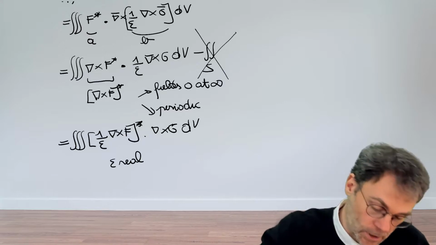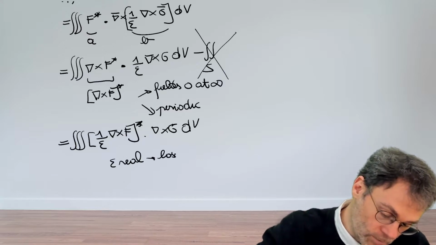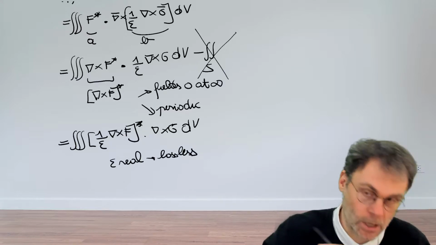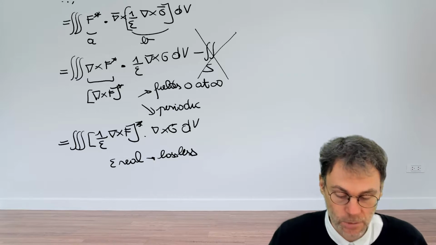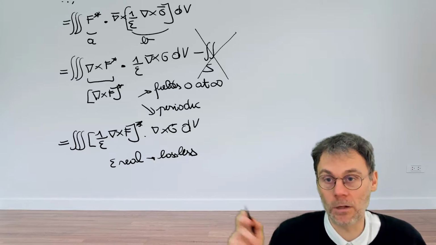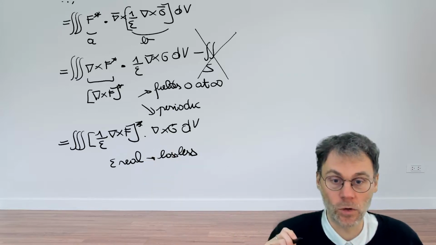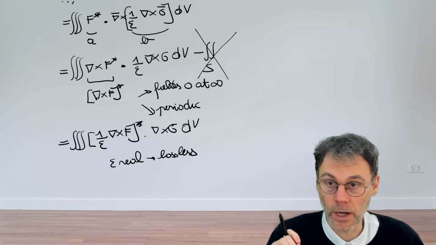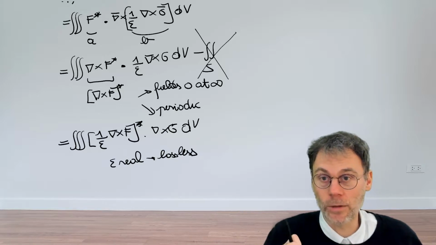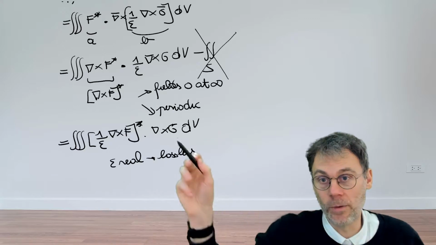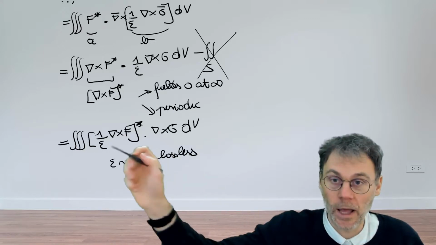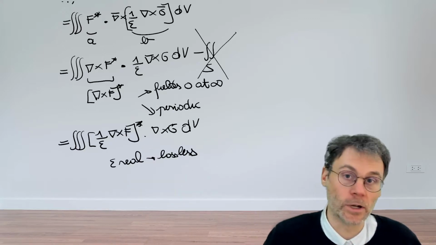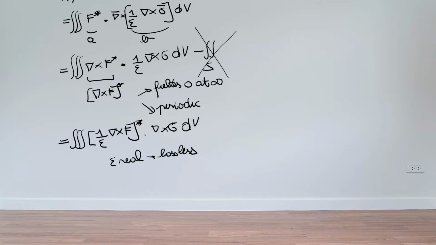Real epsilon means we have lossless media, either lossless dielectrics or lossless metals, but as soon as you have a real epsilon, you're allowed to do that. Then pause one more time and try to peel away the final layer of the onion and show that this theta operator is indeed Hermitian.